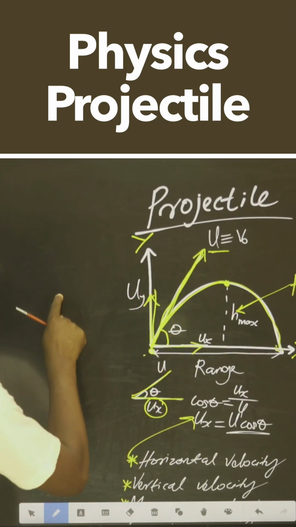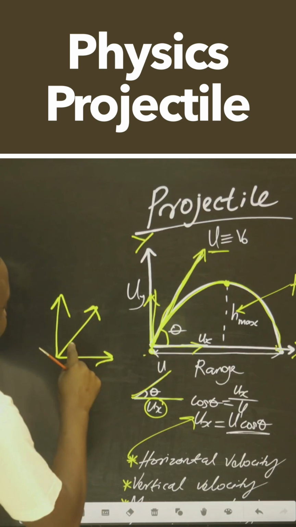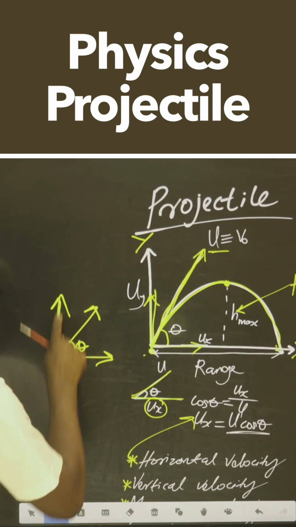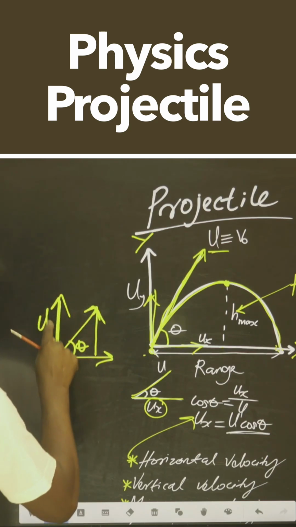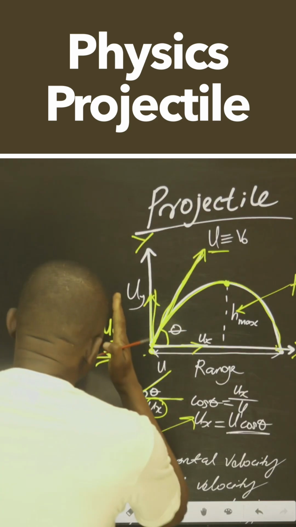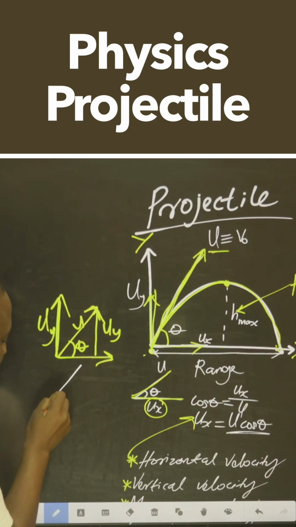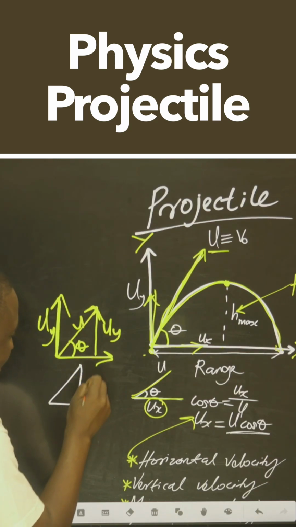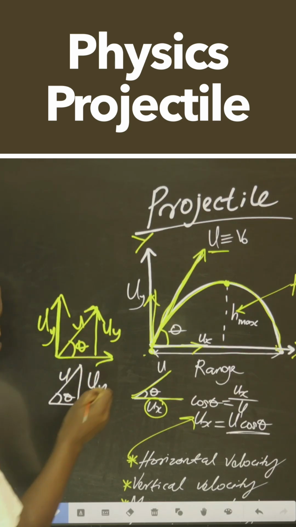Now the vertical velocity is this one. If I take this, this is theta, I can transfer this UY to this side. This is UY, theta, and U. We are looking for this, which is opposite to this angle.